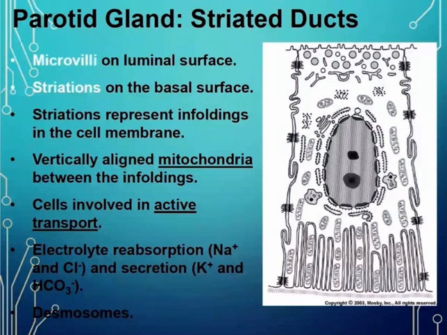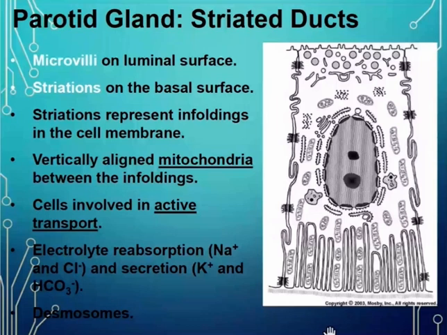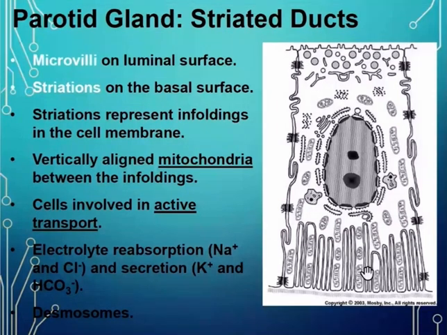It shows numerous striations in the light microscope, thus it is called the striated duct. Ultrastructurally, these striations correspond to multiple enfoldings of the plasma membrane that is vertically aligned. We find mitochondria packed between these enfoldings. The adjacent cells are also anchored by desmosomes.